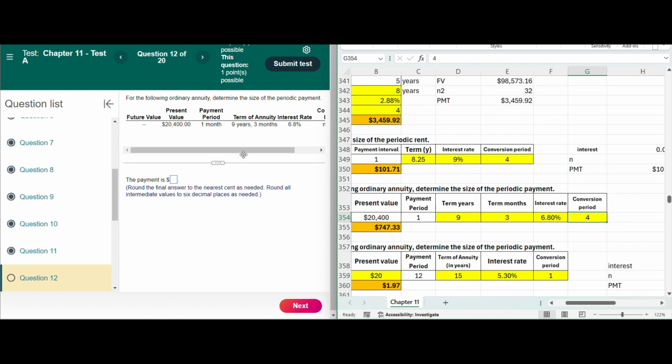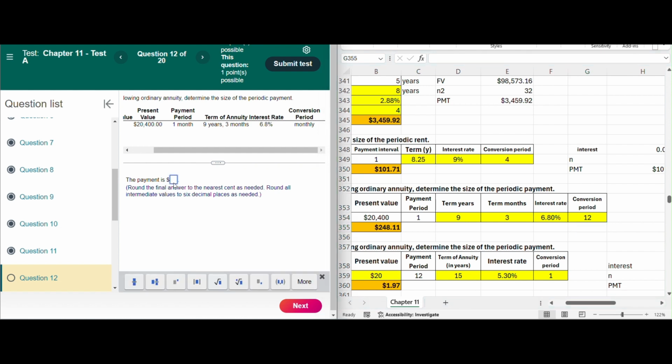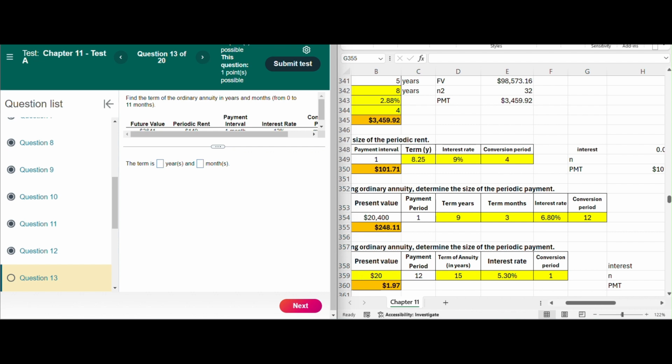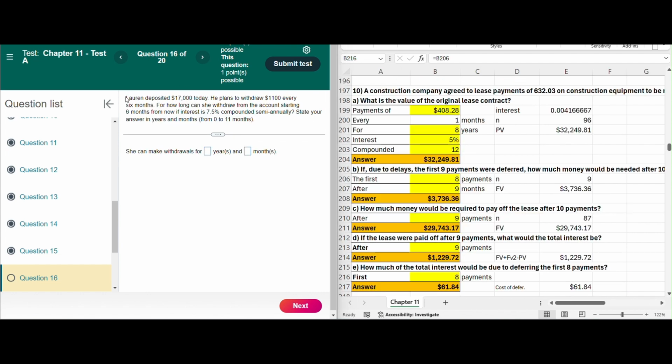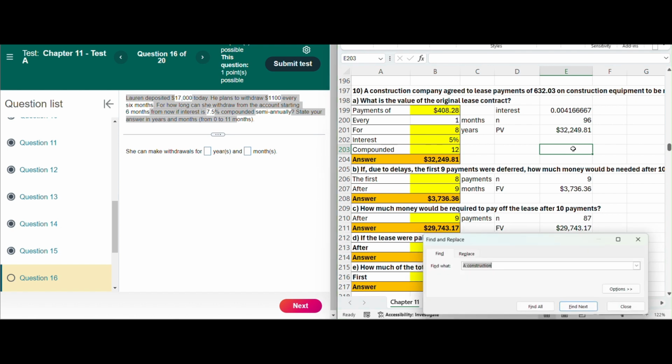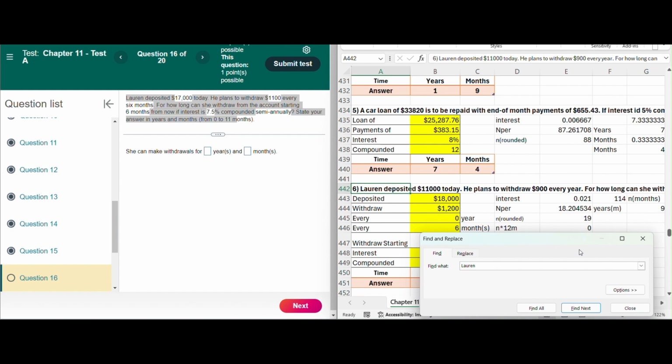So be careful with that, and we have the answer. Compound conversion period, it says monthly, and then we type the answer. So this is the important part, just to identify which question is useful to solve the one that you need in person.